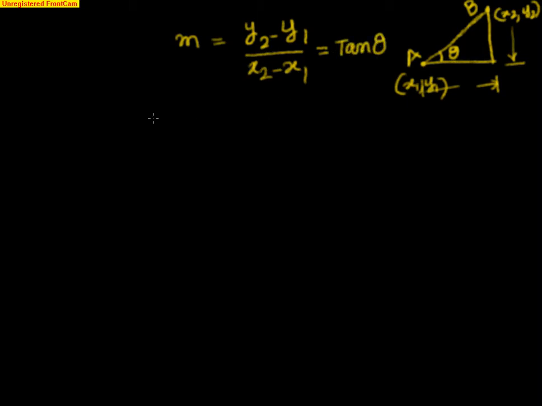So suppose I have two lines and I want to establish the relationship between them. I can take their slopes as m1, m2 and I can prove tan theta 1 is equal to tan theta 2 in case of parallel lines.